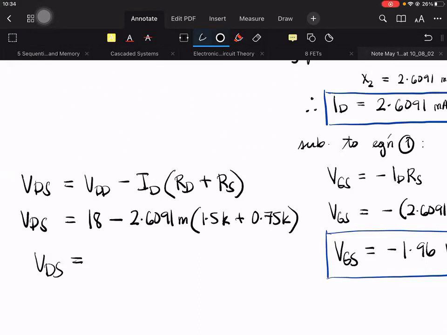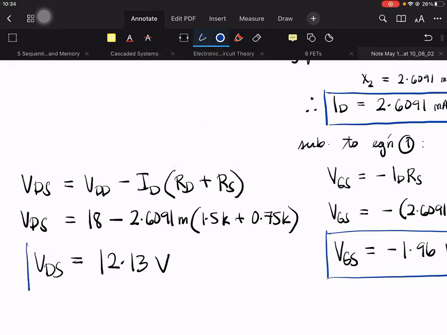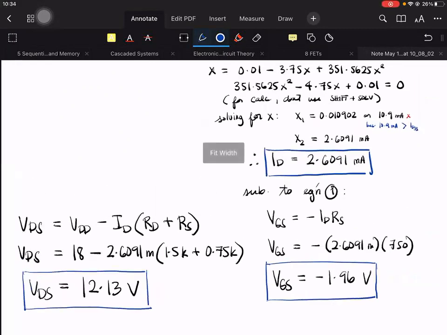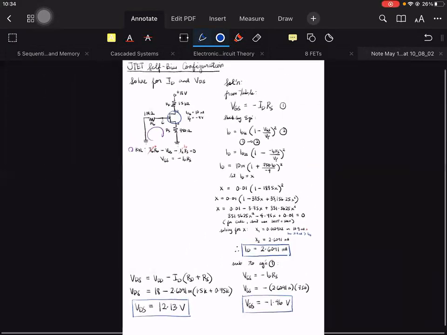So 18 minus 2.6091 times 1.5 plus 0.75, which gives 12.13 volts. I think it's fairly understandable. As long as everything is given, it's easy to solve.